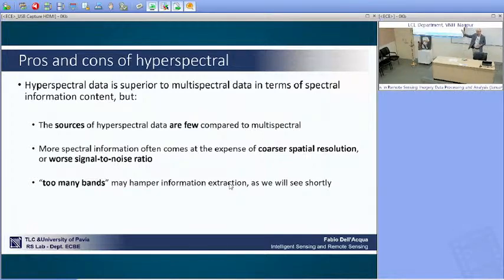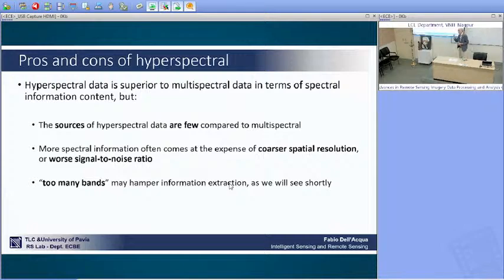So more spectral information generally comes at the expense of coarser spatial resolution, or worse signal-to-noise ratio, meaning that getting denser sampling of the spectral response doesn't come for free in a technological sense.